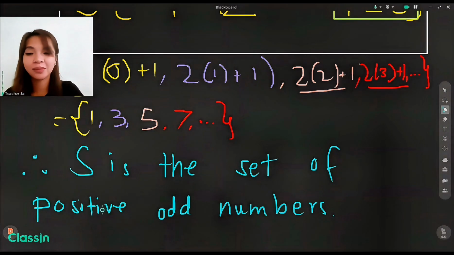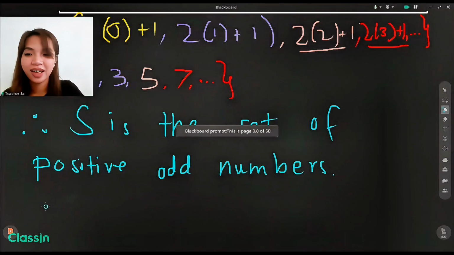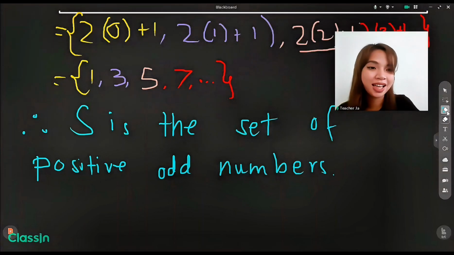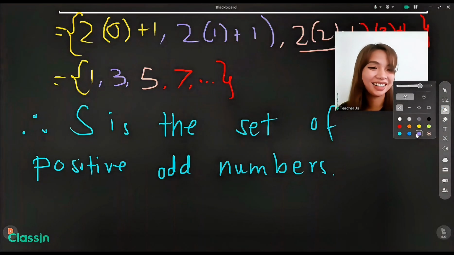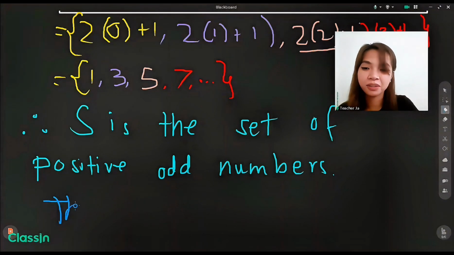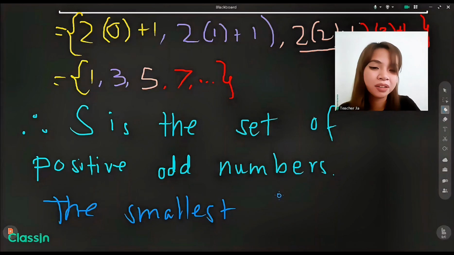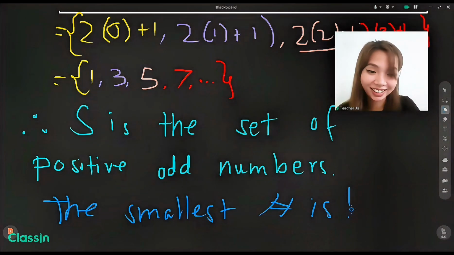And of course, the smallest number we have here is, well, that's too easy. The smallest number in the set is 1. There you have it.